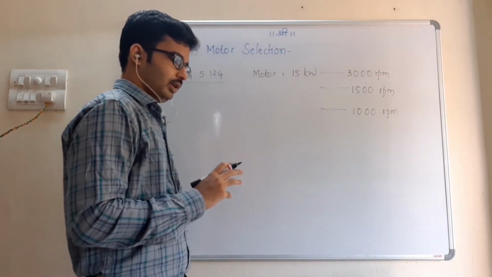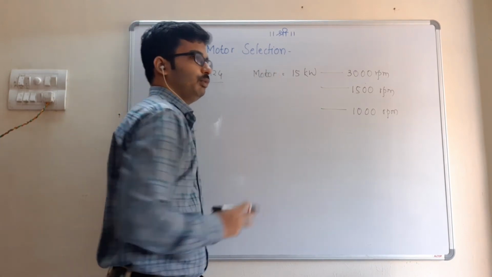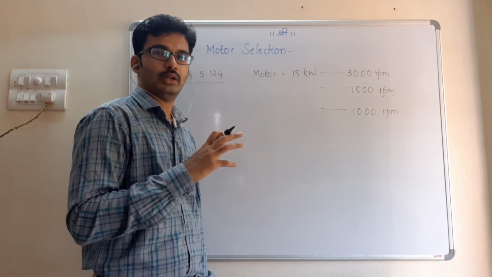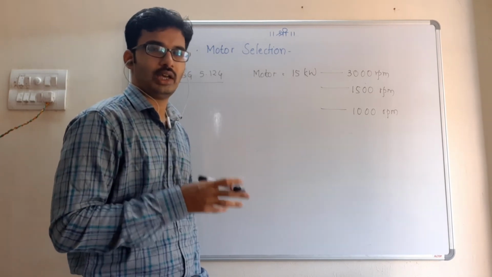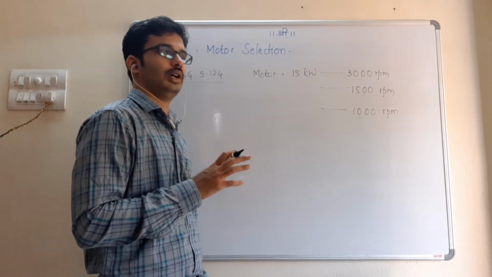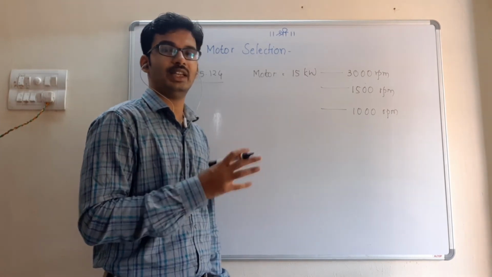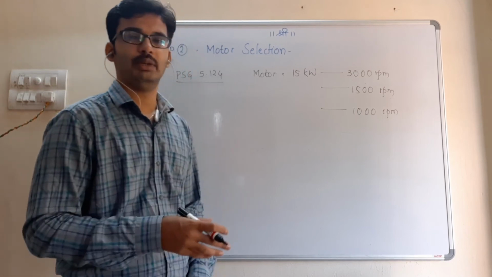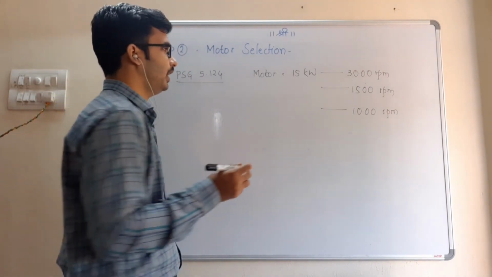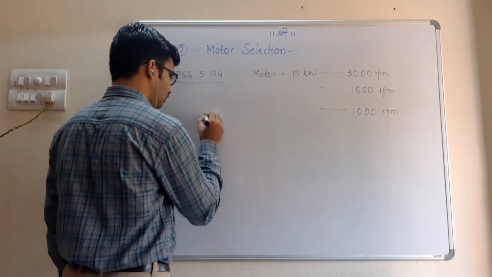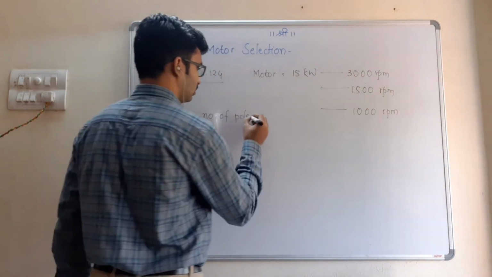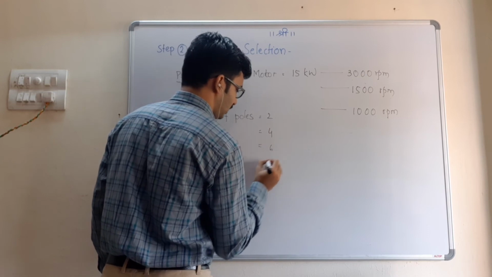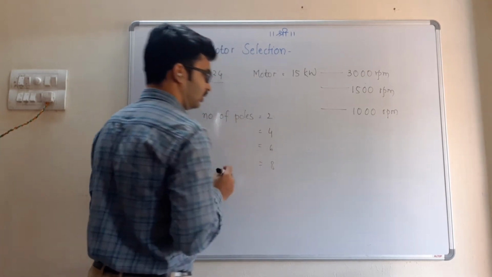The motor to be selected should be moderate in cost, and it should have a reasonable gear ratio. The gear ratio depends on the number of poles, and the number of poles are fixed: that is 2, 4, 6 and 8.